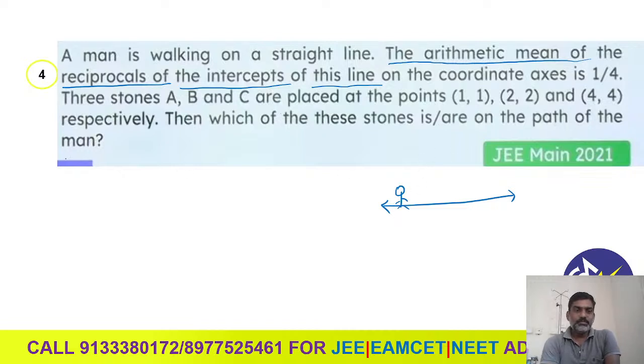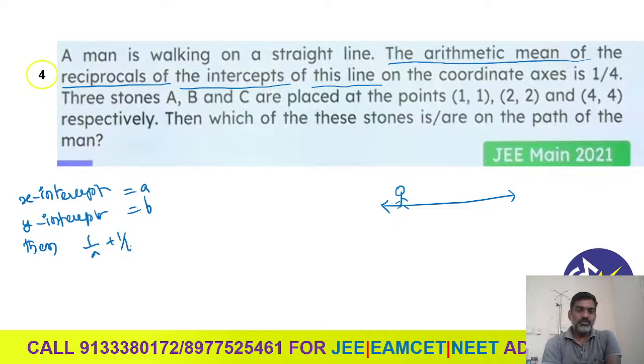Suppose this line is making an x-intercept of length a units and y-intercept of length b units. Okay, then what they are saying here, arithmetic mean of the reciprocals of the intercepts.